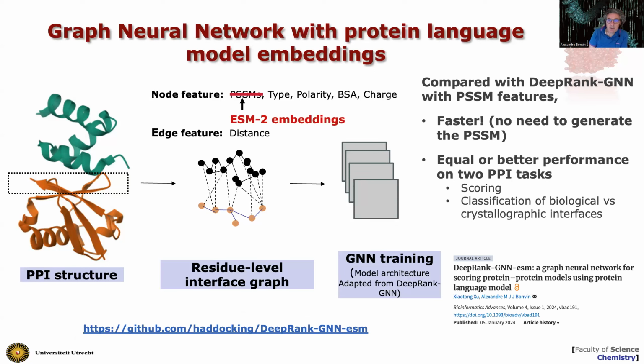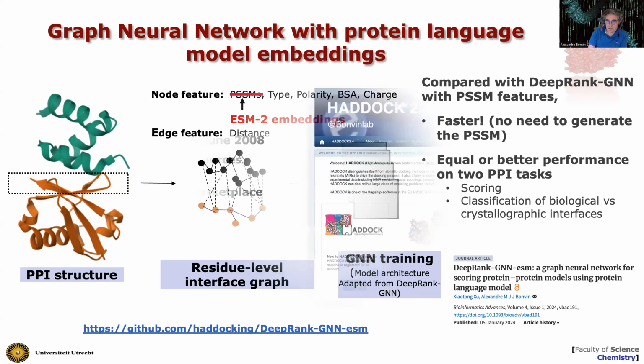So we replaced the PSSM profiles, which were more computationally demanding to calculate, with these ESM2 embeddings, which are very fast to compute. And you can also get them for other types of molecules like antibodies and nanobodies. This leads to a new version, DeepRank GNN-ESM, which is faster and performs as well, if not better, than the previous one. That's something that in the future we hope to incorporate in a HADDOCK pipeline as an additional option for scoring the complexes.